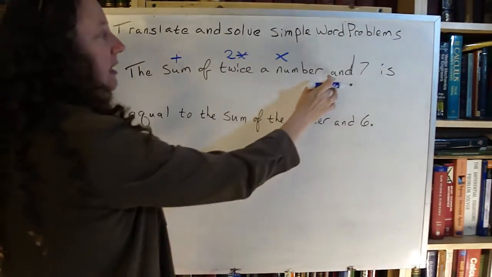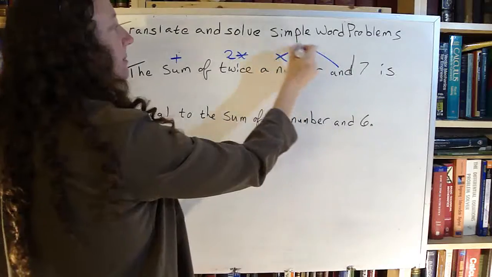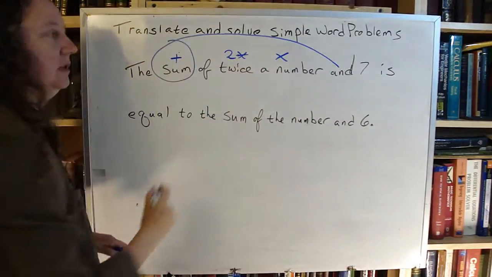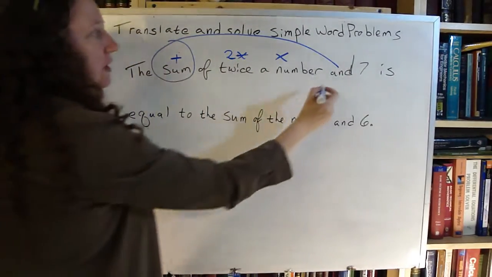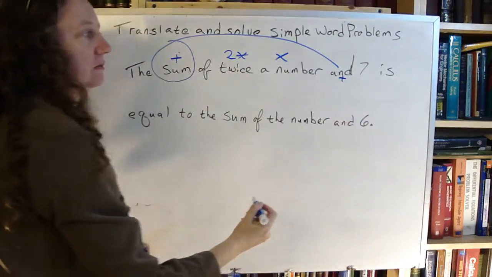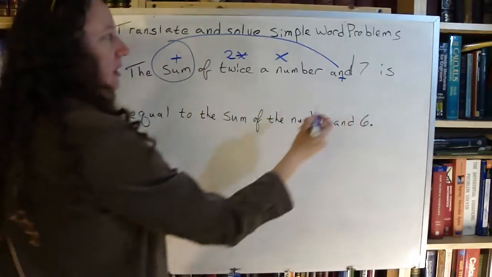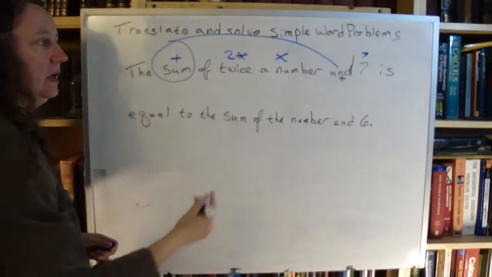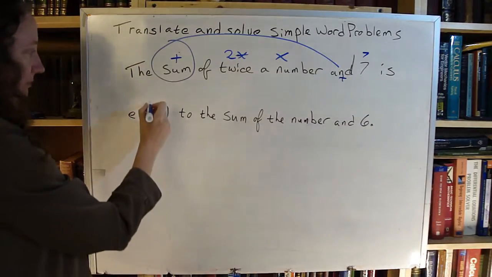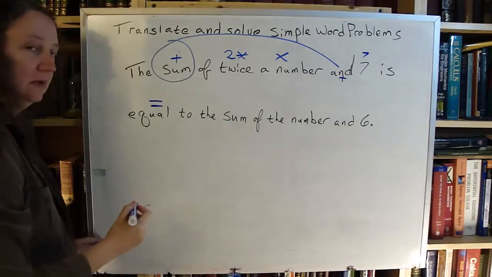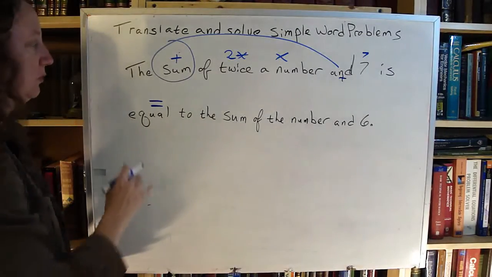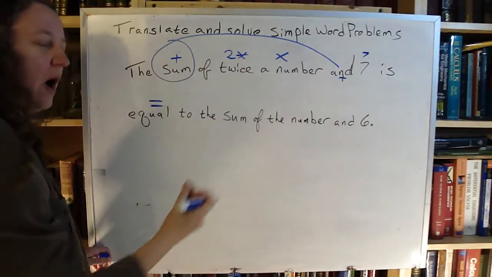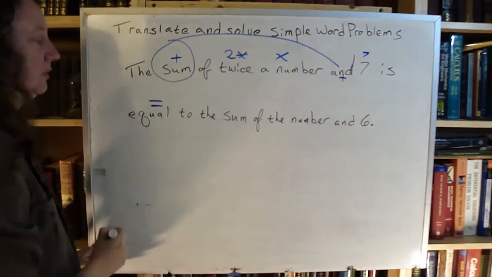The word and reaches back here and grabs sum. So this is where my plus sign goes. And then I have the number 7. Is equal to. You should have no problems when you see is equal to, you automatically think equals.